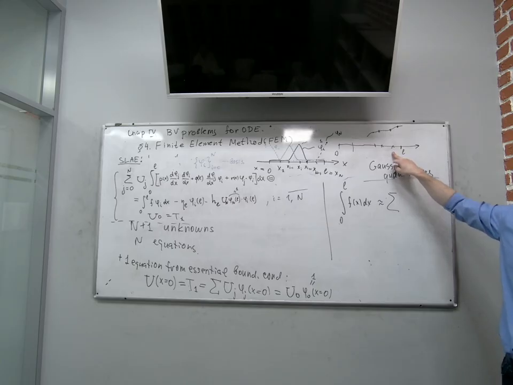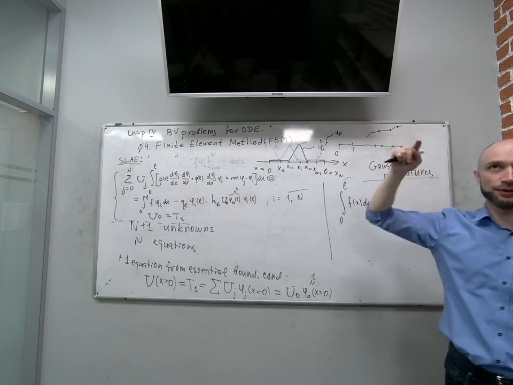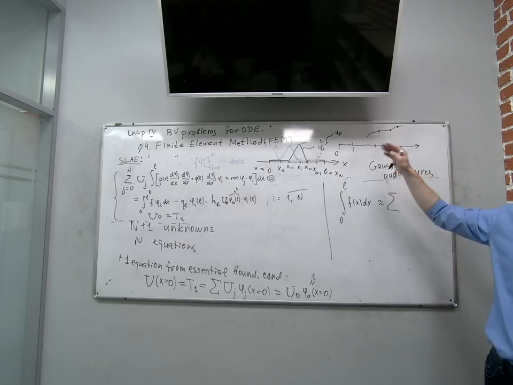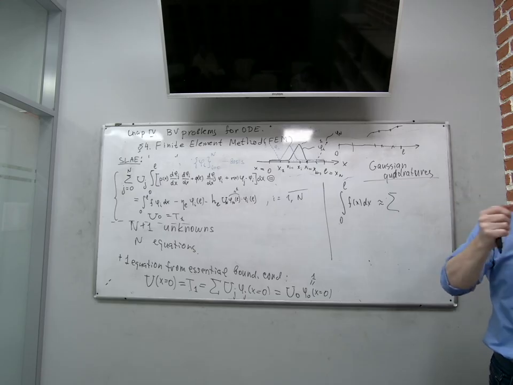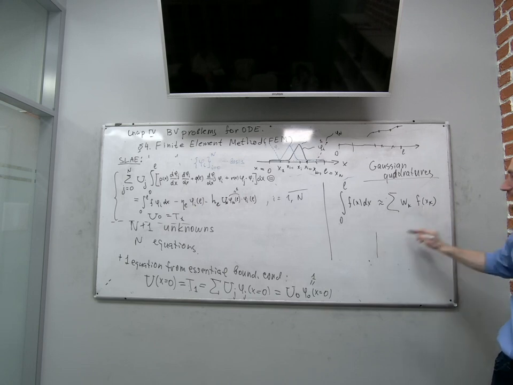Okay? This allows us to increase the accuracy of integration because we have more freedom in choosing where to compute our function. Okay? And the Gaussian quadrature is just a weight coefficient times the function value at point xk, and how these points xk should be chosen is tabulated.